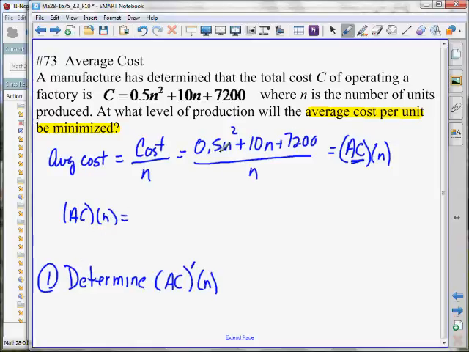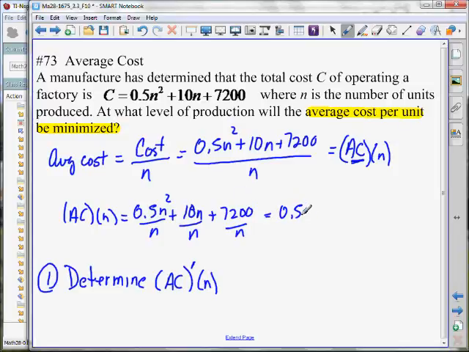I have three fractions. If I break them up, if I divide each of those terms, you know how it is in arithmetic. If you have fractions with the same denominator, you can add the numerators and place it over the common denominator. Well, we're just going to do it backwards on this.